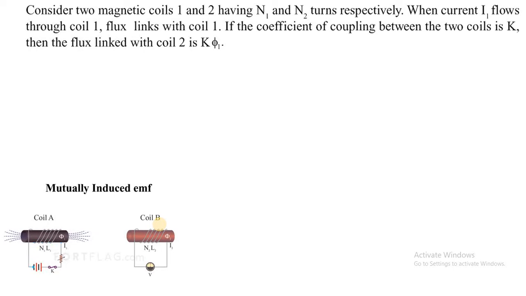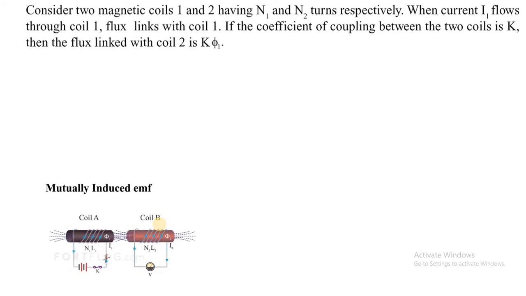When coil A is moved near to coil B, out of 100 flux lines, 50, half, are going to link with coil B. Then what is the coefficient of coupling between the two coils? 1/2. Yes, 1/2. That is nothing but 0.5. Has everyone understood? Yes, ma'am.